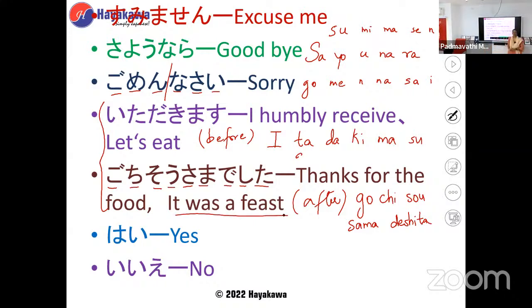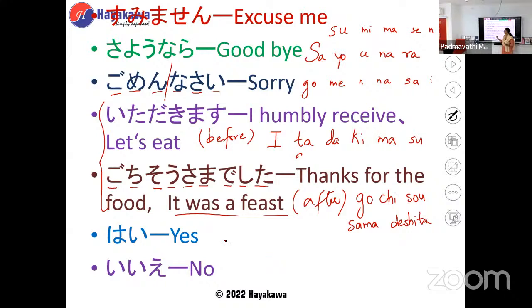Thank you for it. So itadakimasu is like thank you, I humbly received the food. Finally, after eating, you say, oh, it was like a feast. Whatever the food, you just thank them and say it was like a feast. Thank you for it.